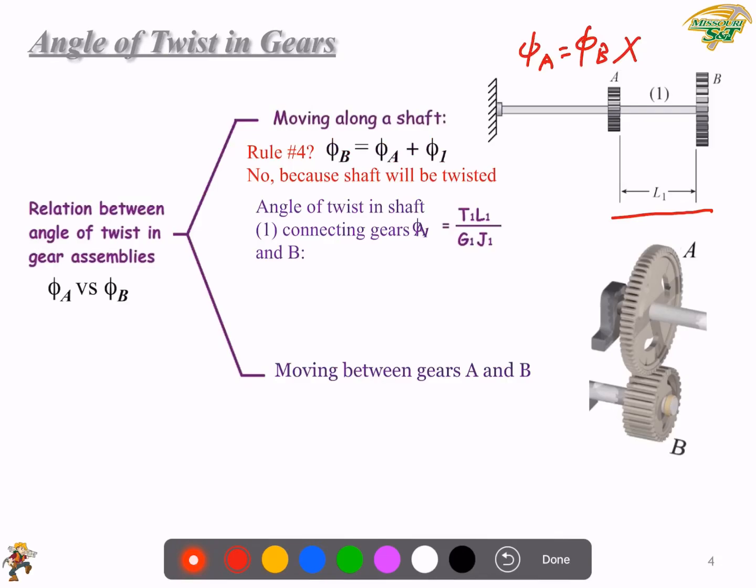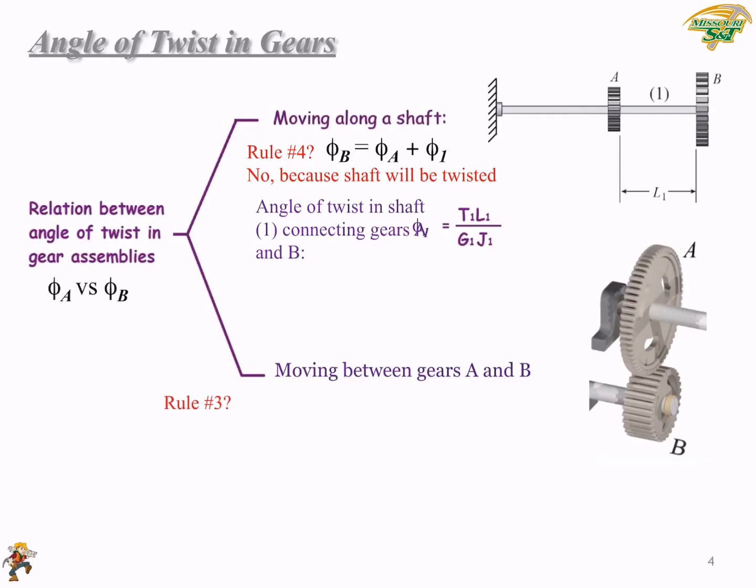So how about the second one, case number 2? If you look at case 2, phi A and phi B are directly connected to each other. So now can we use rule number 3? The answer this time is yes, since they are just directly connected.